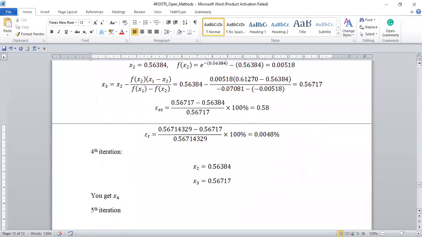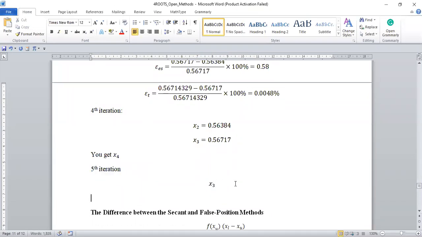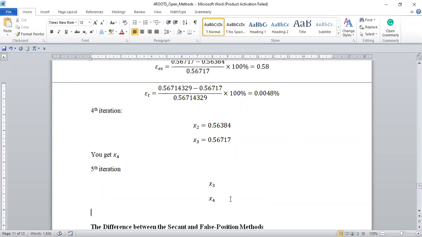For the fifth iteration, sorry, you need x3 and x4. Then you calculate and you get x5.